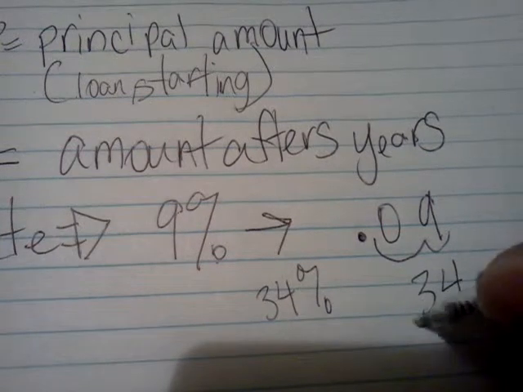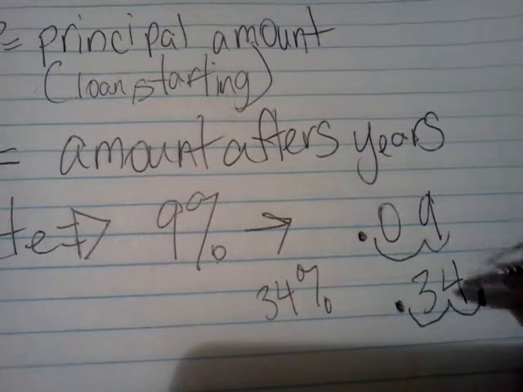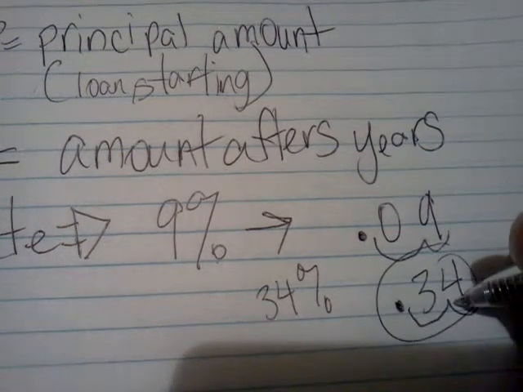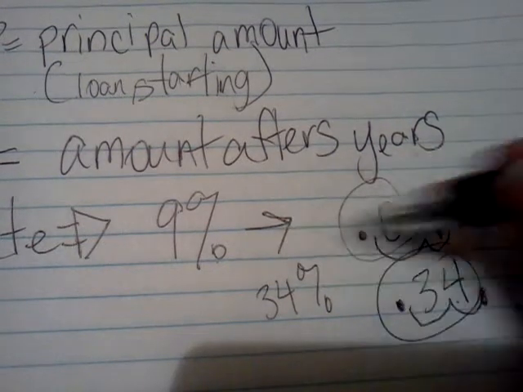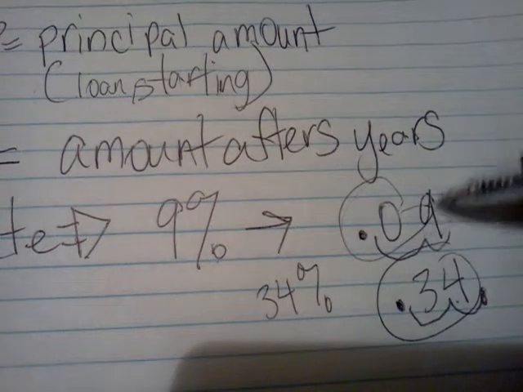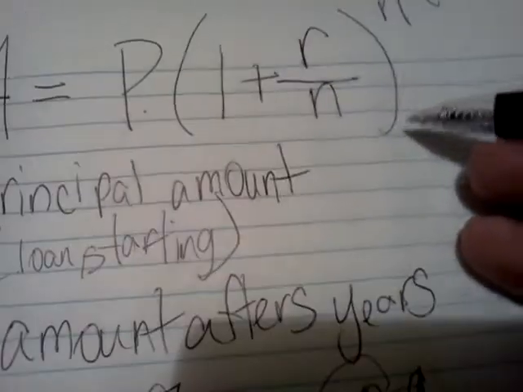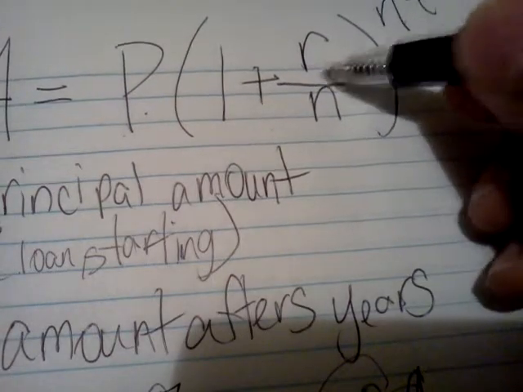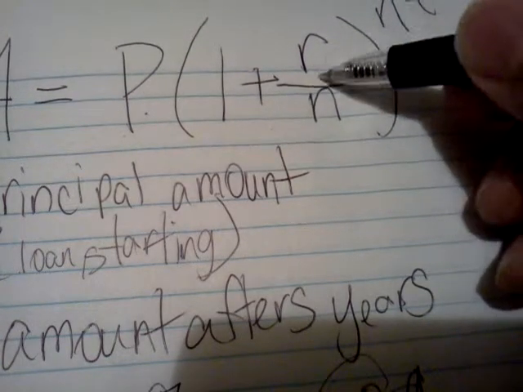We go 2 decimal places, so we're going to put 0.34 as our R, and if they gave us 9%, we'll put 0.09 as our R. We don't put 9. We will put 0.09.